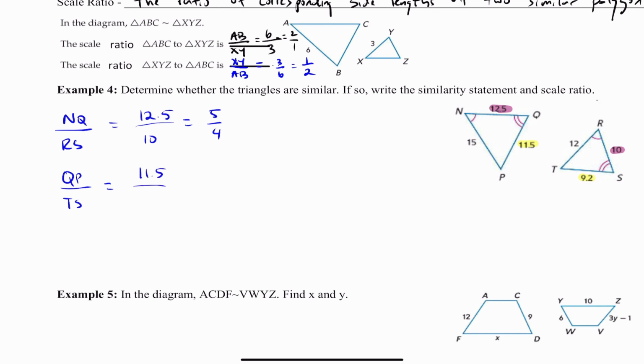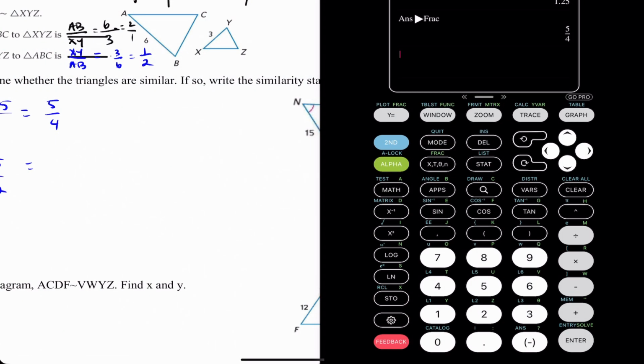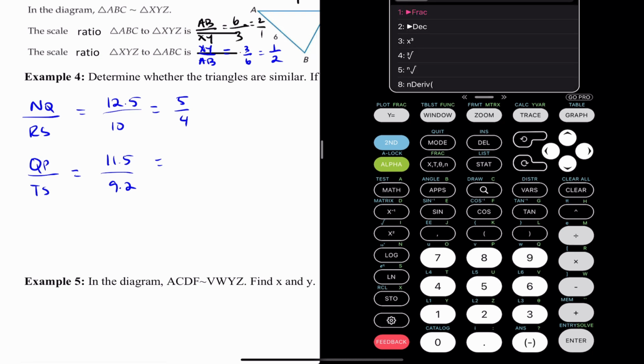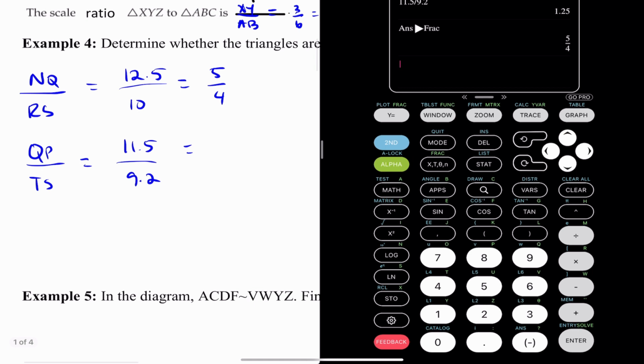It's 11.5 over 9.2, and I'm going to go back to my calculator and do what I did before. 11.5 divided by 9.2, hit enter, then I press math, enter. Okay, so I press enter, and then I get 5 over 4. Okay?